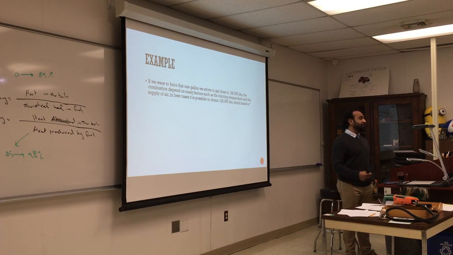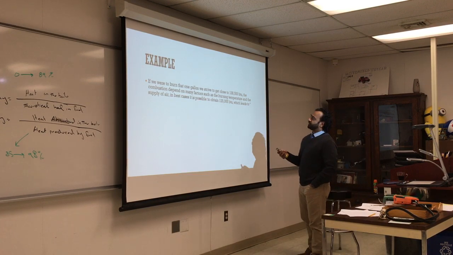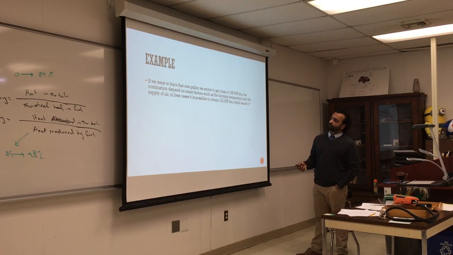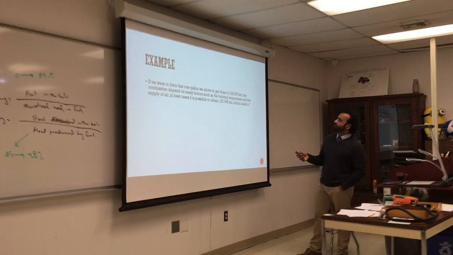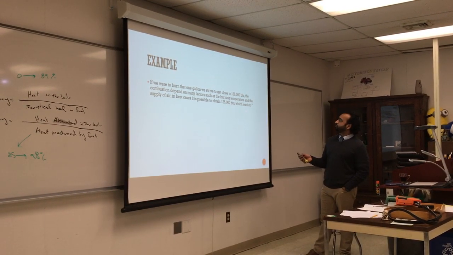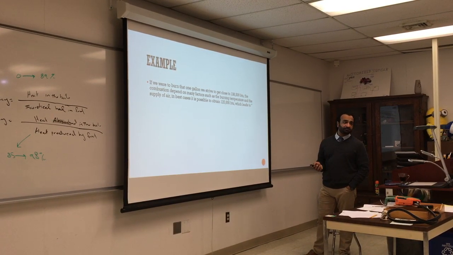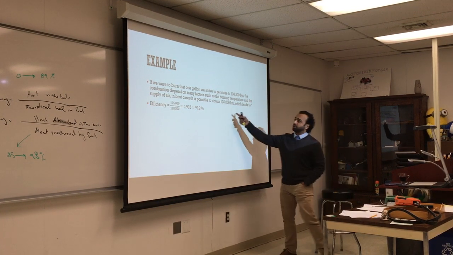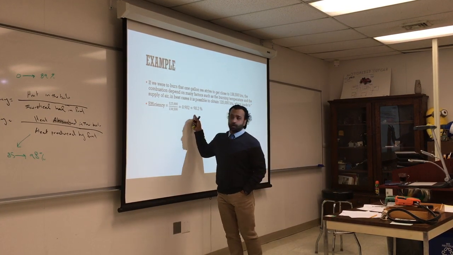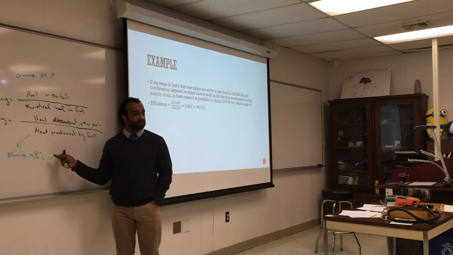If you atomize it, if you heat it, you want to get all the heat that's possible theoretically from that fuel. And that depends on many factors such as the burning temperature, supply of air. In this case scenario, it's possible to get 125, which leads to how much efficiency? I'm going to divide 125, which is the output, over the input. So that's 90% that I got. That's combustion efficiency. I might have also thermal efficiency at 98.